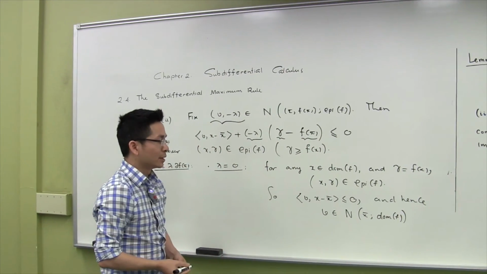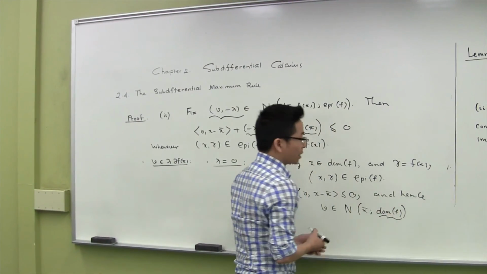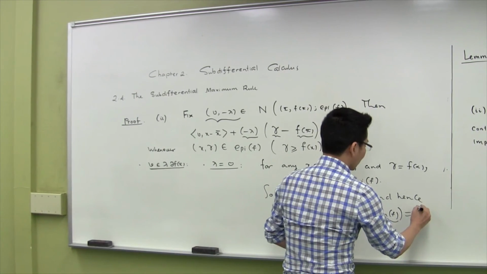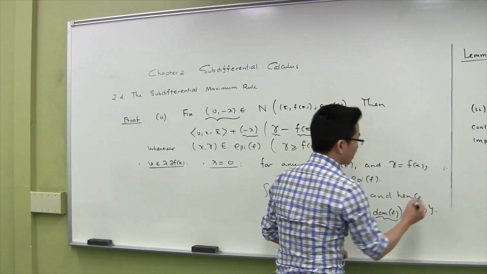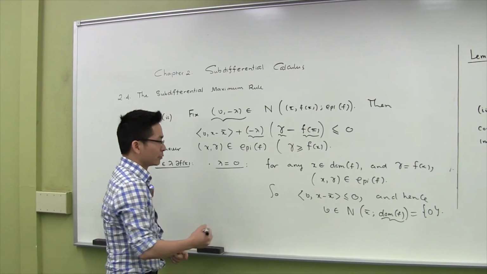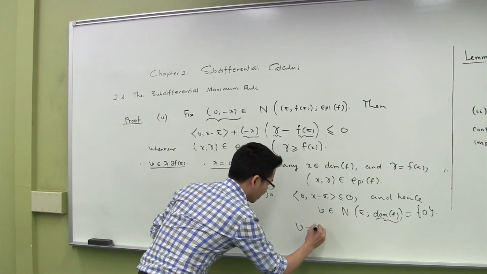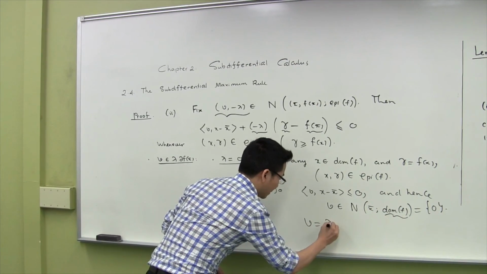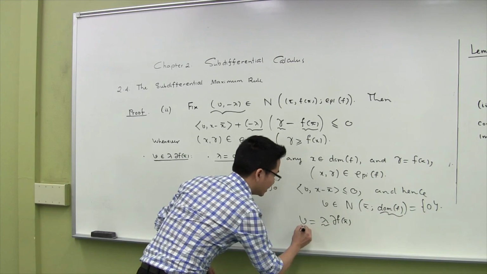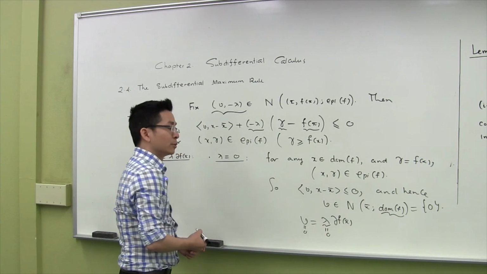And before, we already proved that x bar is in the interior of the domain of the function. So in this situation, this normal cone reduces to 0. Now, from this result, we can see that v is also equal to lambda times the subdifferential of f at x bar, because v here is equal to 0 and lambda here is also equal to 0.